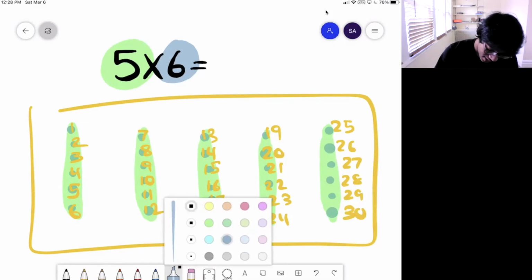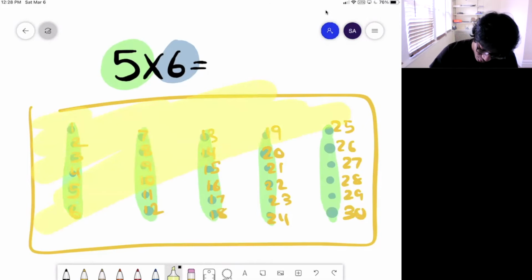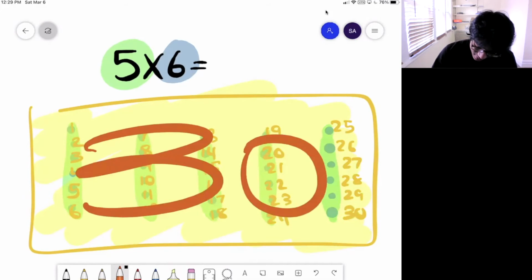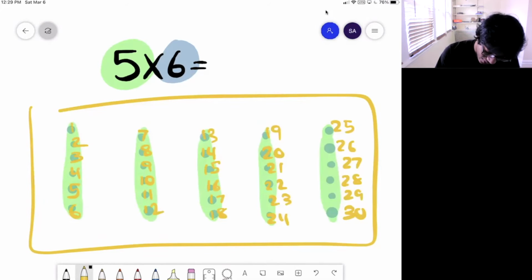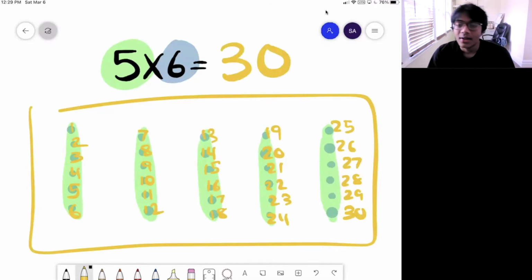So, how many dots in this whole shebang? Well, we have 30 dots.